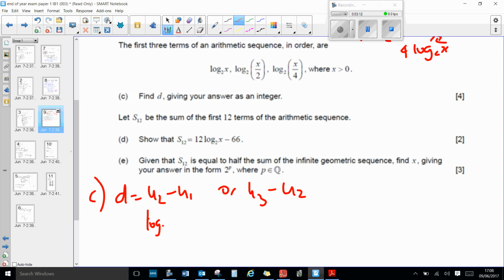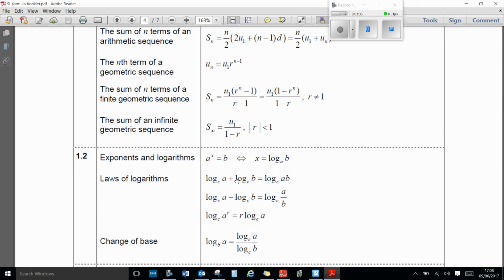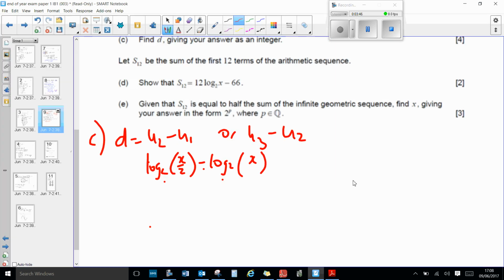log base 2 of x over 2 subtract log base 2 of x. We know laws of logs means that because we have the same base and we're subtracting them, we would divide the terms. Let me just remind you here. If we've got logs of the same base and we're subtracting, we would divide a and b. So we've got log base 2 of x over 2 divided by x.